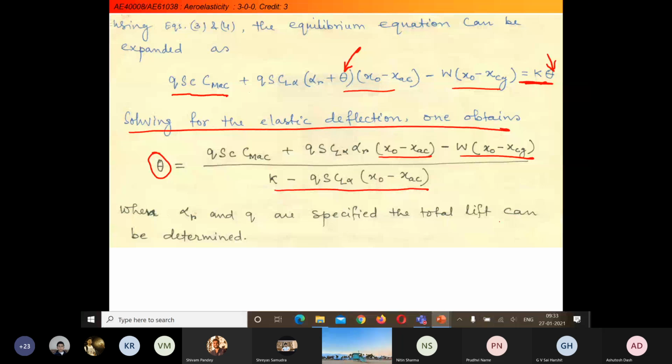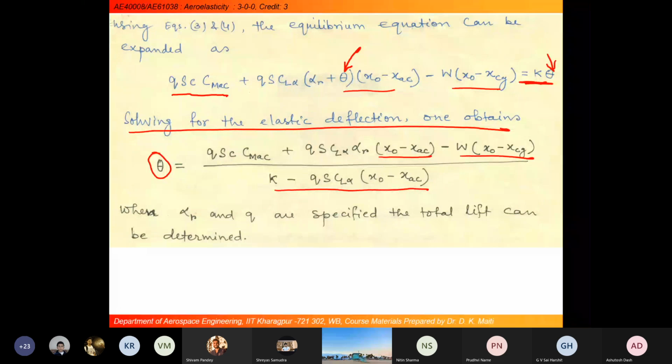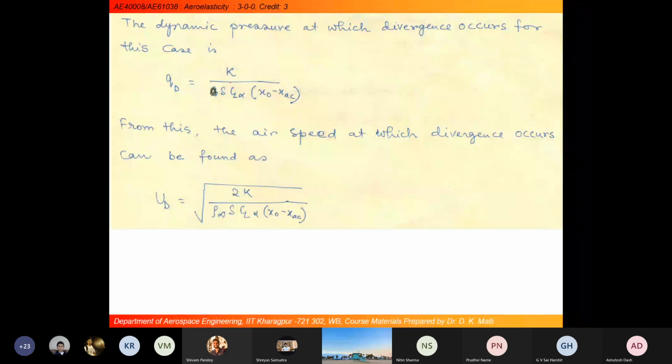The dynamic pressure at which divergence occurs comes from our consideration when the denominator becomes 0, that is the point of instability. In this case QD can be calculated by taking this denominator equal to 0. Simplifying, QD can be calculated as K by S CL alpha multiplied by x naught minus XAC.